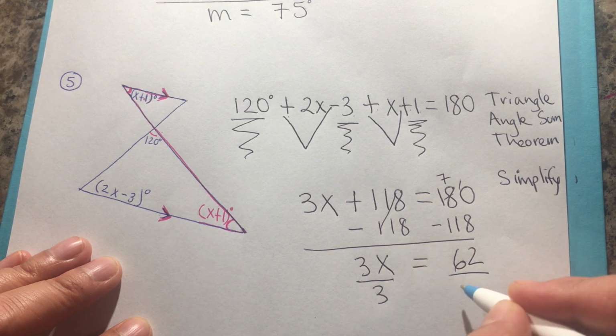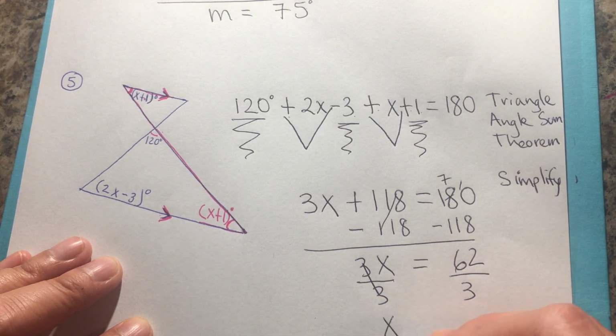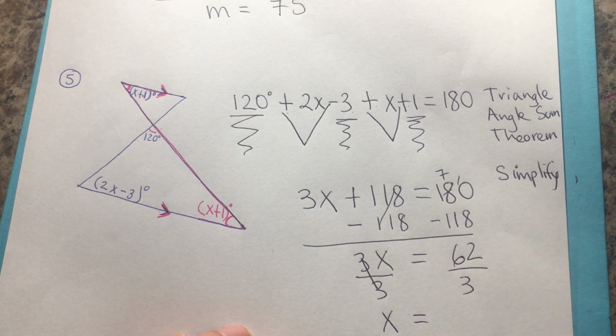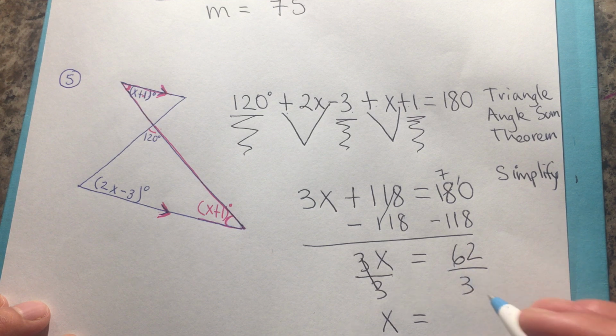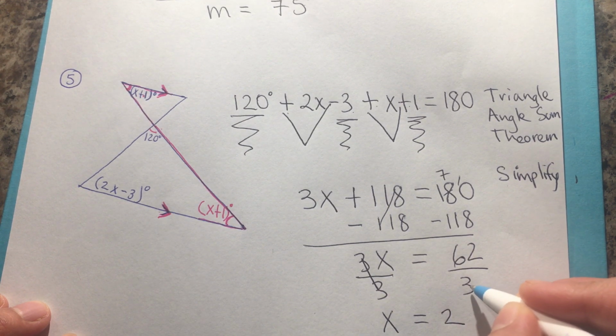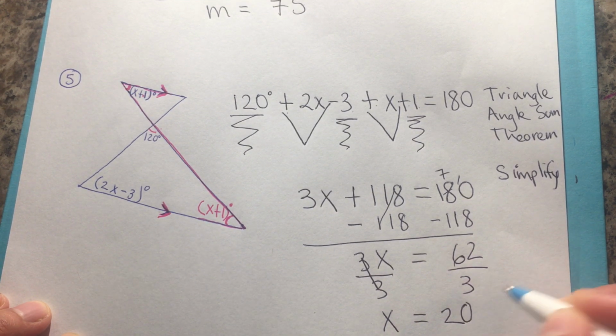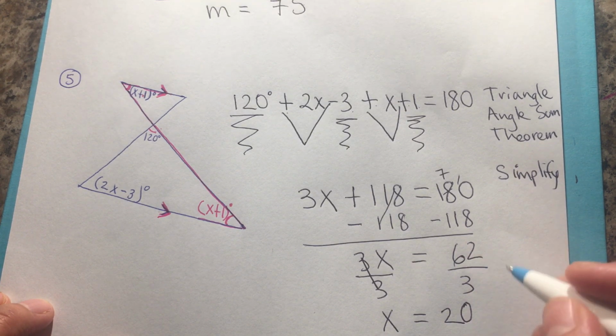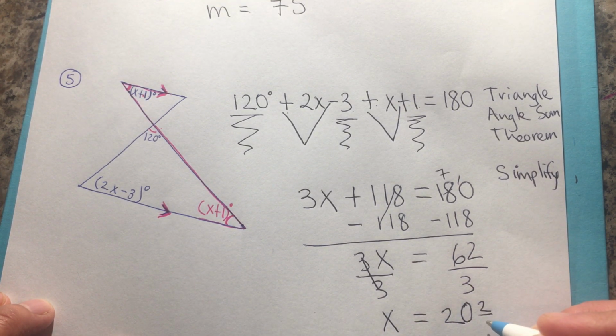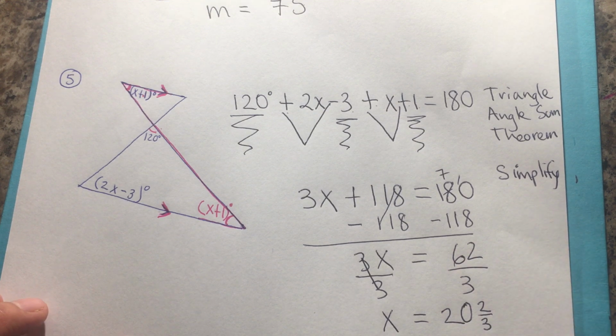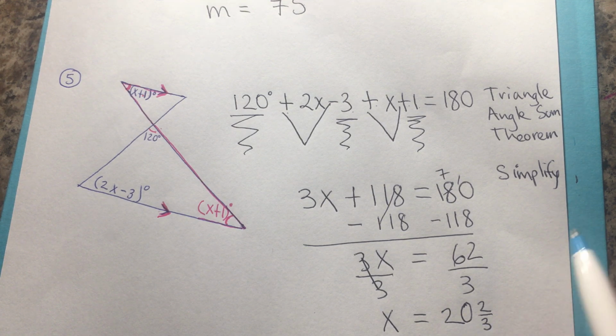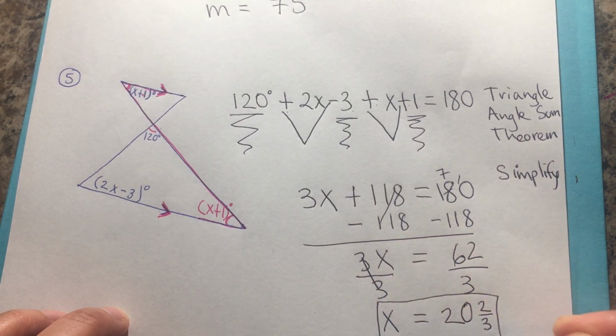Then I'm going to divide both sides by 3, and x is equal to, well, 3 goes into 6 two times, 3 goes into 2 zero times, but then you have 2 left, which is 20 and 2/3. Okay, and that's the value of x. This is 20.6666, but it can definitely be written as a fraction.